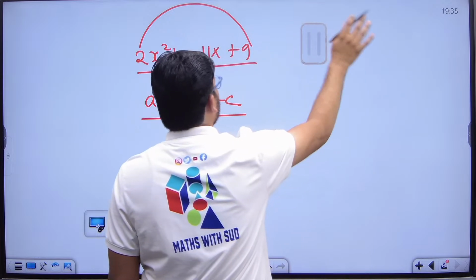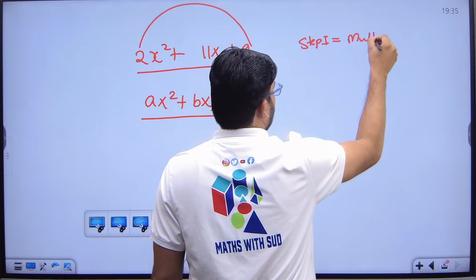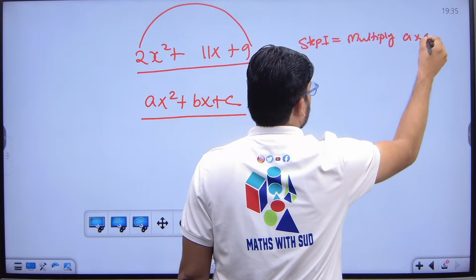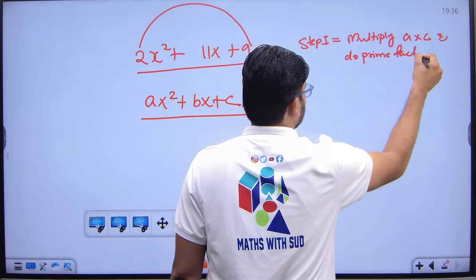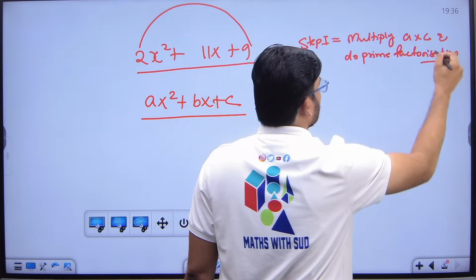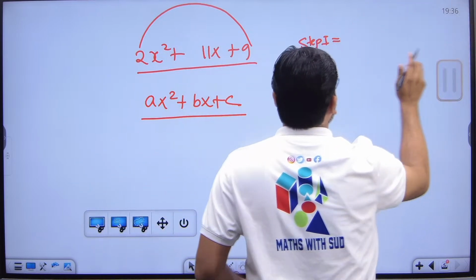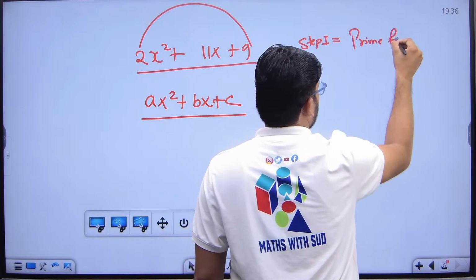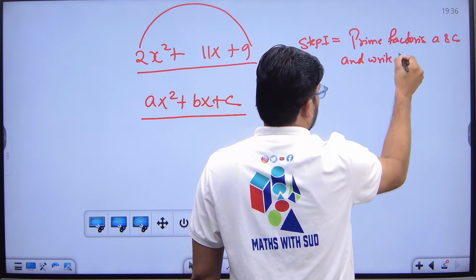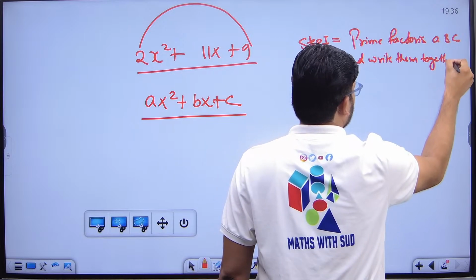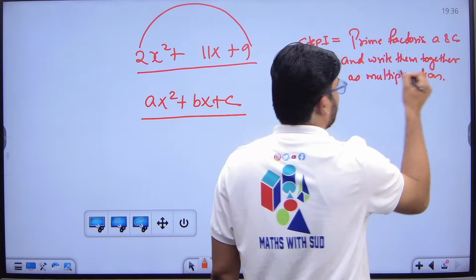So rather than multiplying, in step 1 you can write: prime factorize a and c and write them together as multiplication. Are you getting it now?